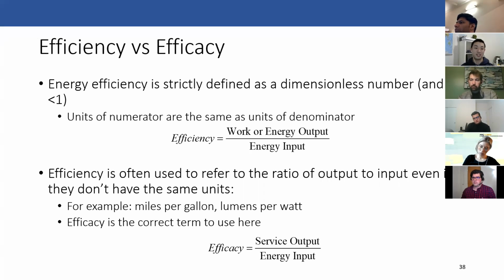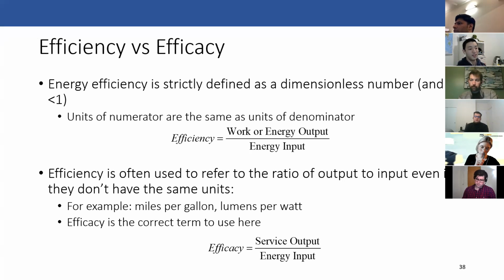Okay, what's a really common example of this? Fuel efficiency, so miles per gallon. Or, these days for electric vehicles, we talk about it in terms of kilowatt hours per mile or miles per kilowatt hour, right? So those units are not the same, and so it's not technically a physics version of energy efficiency.